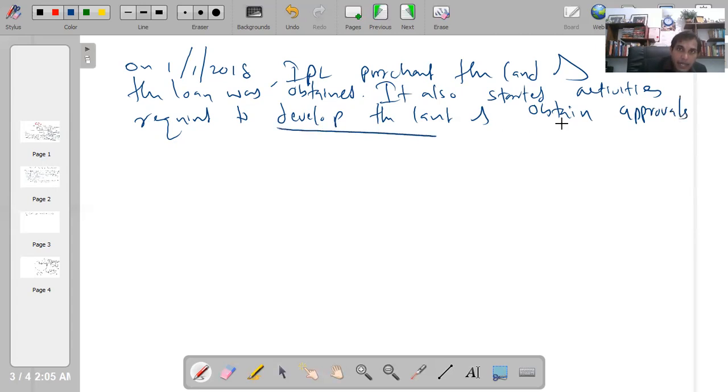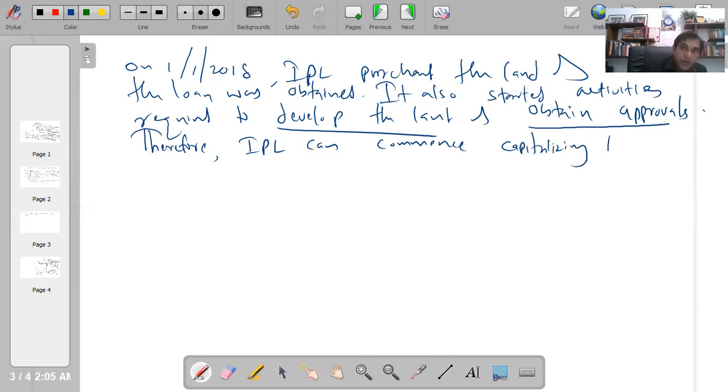Underline: develop the land and obtain approvals. Therefore, IPL can commence capitalizing borrowing cost on 1st of January 2018.